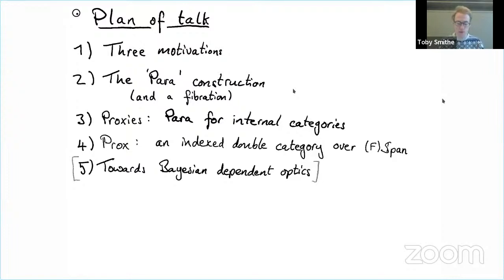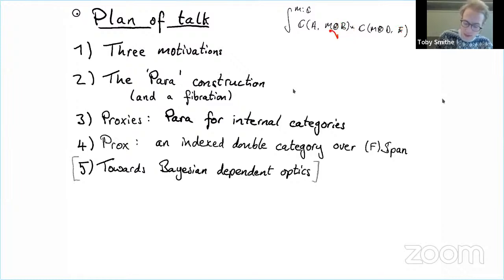And it's also important in the context of optics, because they are the things that go, you've seen this kind of thing before, C, A, M tensor B. This is the Hom set in a category of optics, M tensor D, E, something like this.